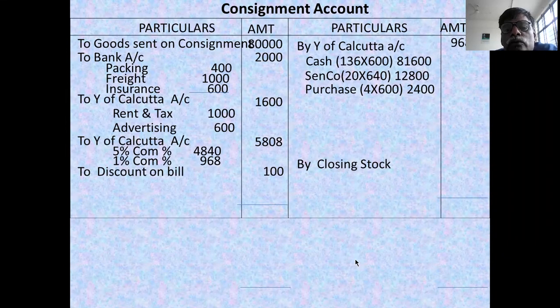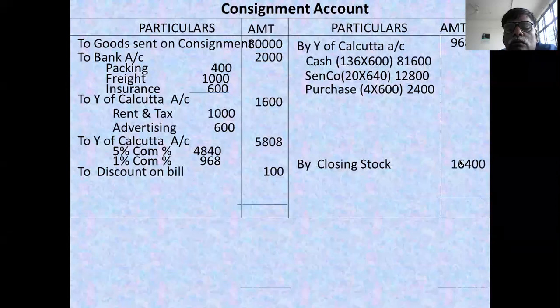What is the total value? 16,400. Okay. In this way, you calculate and close this account.